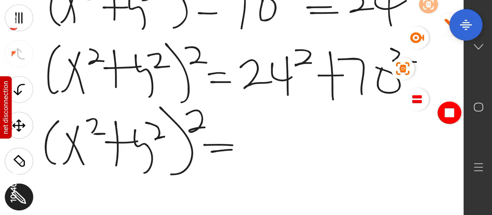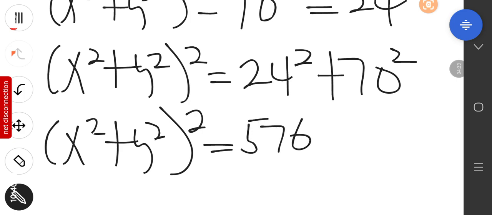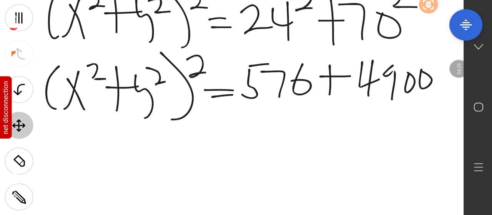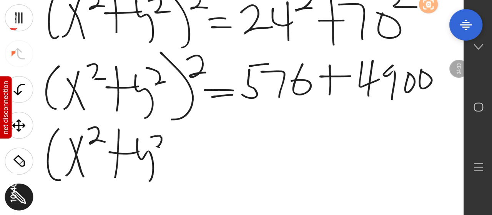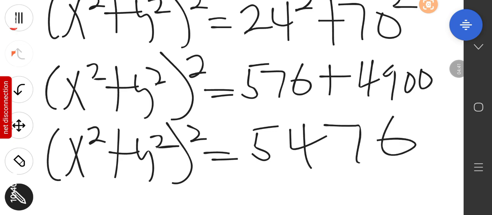So let's see. 24 squared gives us 576, and 70 squared gives us 4900. So you're going to have x squared plus y squared all squared equals 576 plus 4900, which gives us 5476.